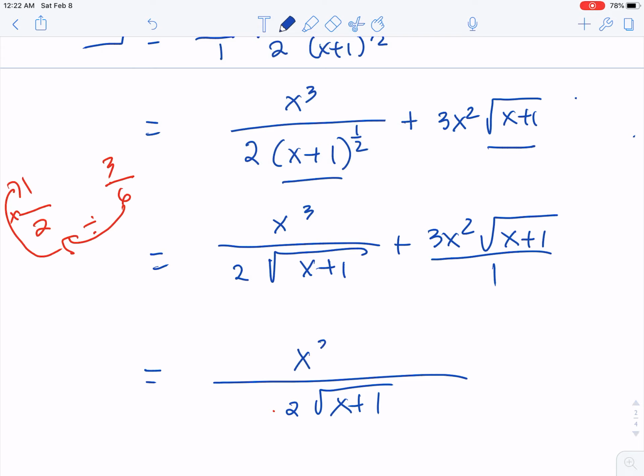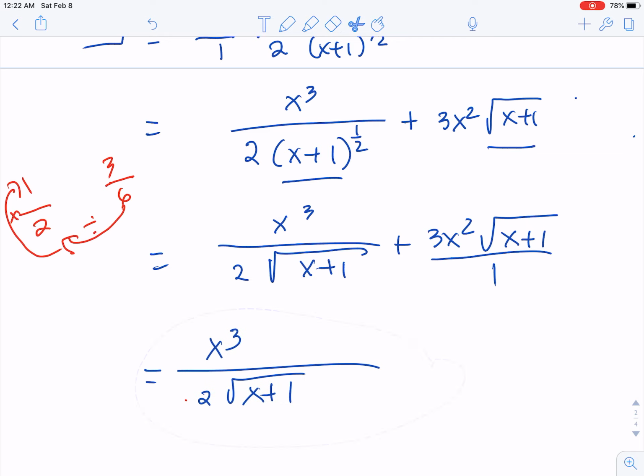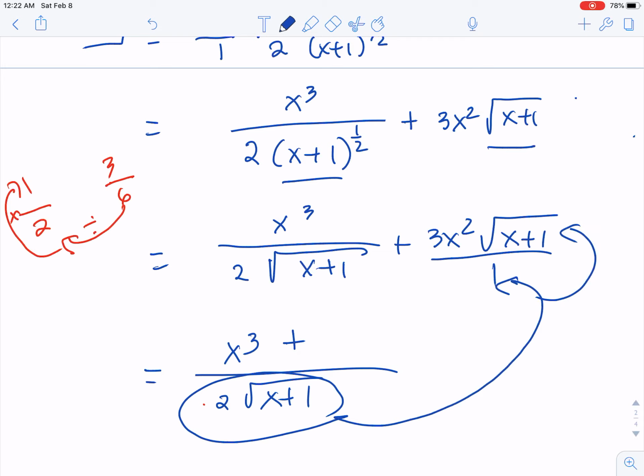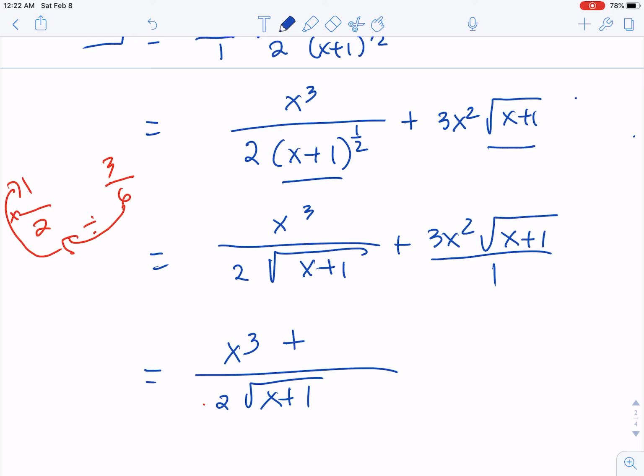So, x cubed plus, ano yung sa taas? Plus this one divided by 1 times this one. So, ano ang square root of x plus 1 times square root of x plus 1?